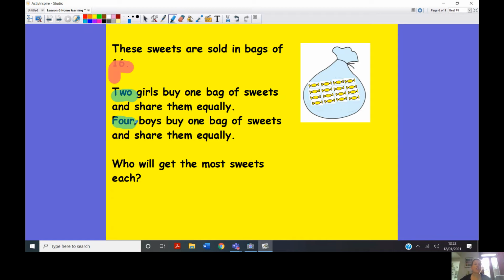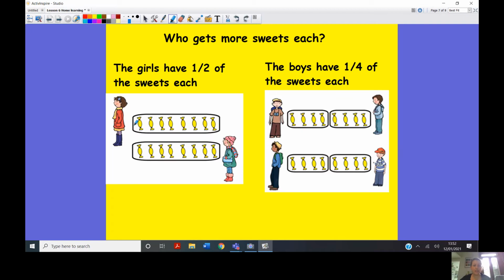So we know these are going to be the denominators of our fraction and also the number that we are sharing our whole between. So we need to split 16 into 2 equal groups and 16 into 4 equal groups. So let's have a look and see how we would solve this.